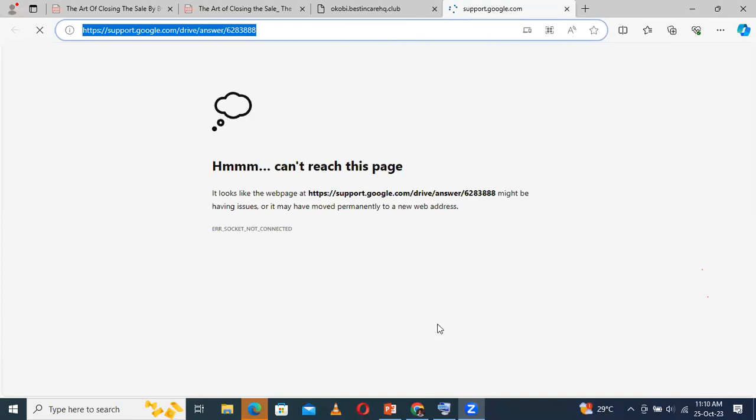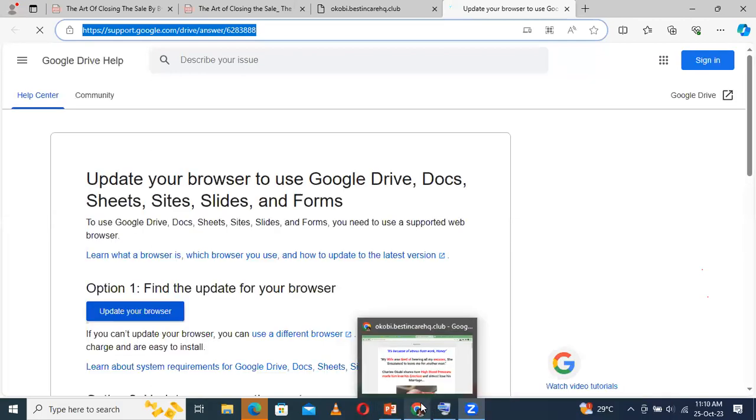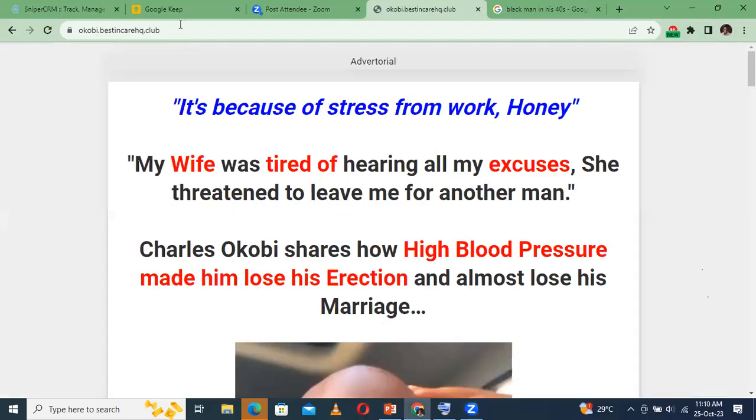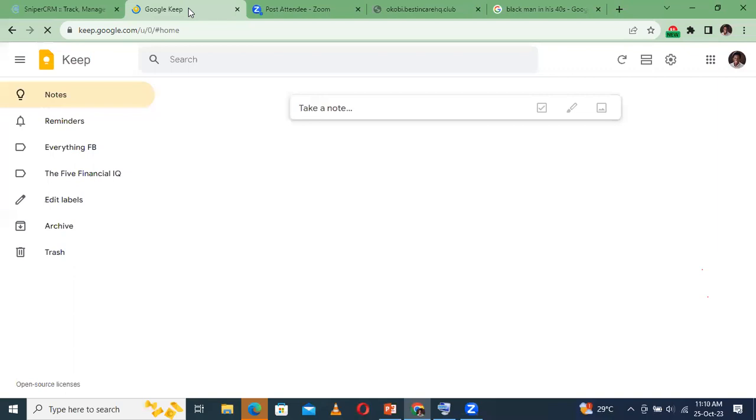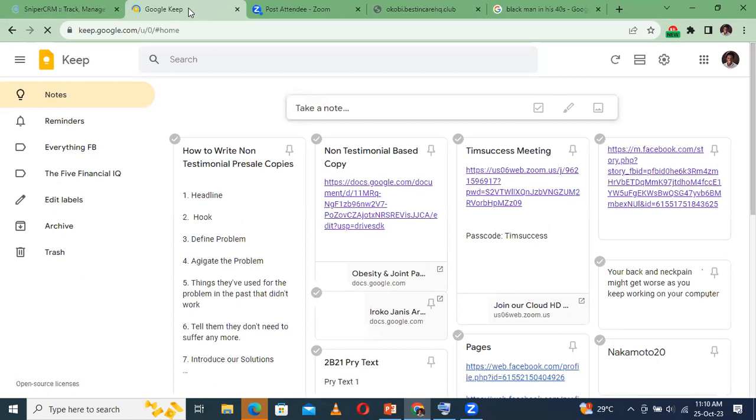Now, why is it not opening? Let me just open it manually.